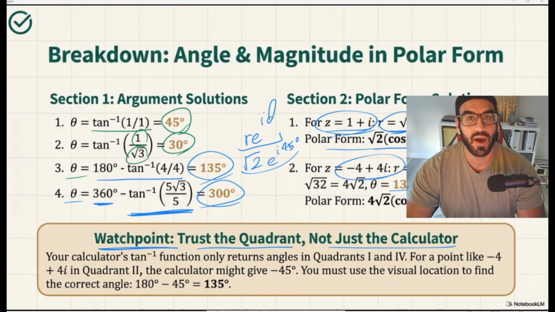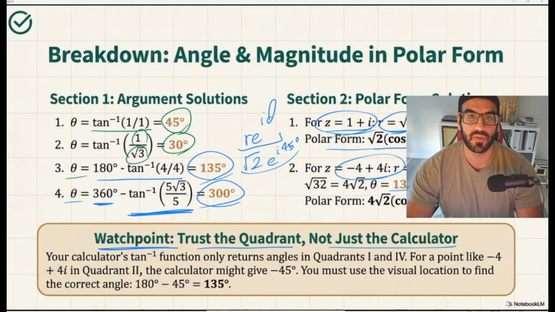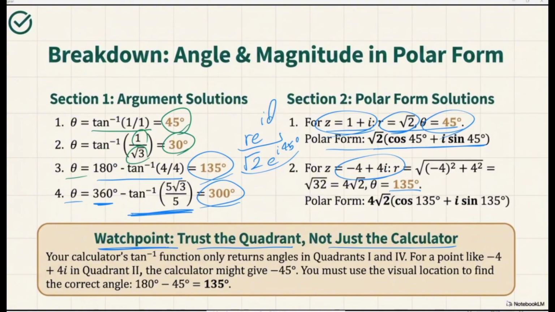For instance, if your vector is in the third quadrant, obviously the angle should be more than 180. But if you use your calculator without considering that you have to make both of them positive, you're going to get a positive angle. So this is not going to lead you to what you want, right? Because the angle that you found is going to show that your vector is in the first quadrant, while the real scenario is the third quadrant. So be careful about that.